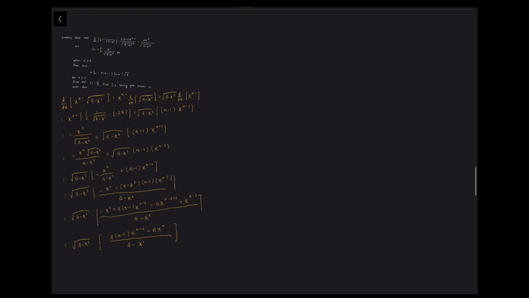Furthermore, you need only cancel out the term square root 4 minus x squared to achieve the required result. So the next part, we integrate the relationship we have already proven.